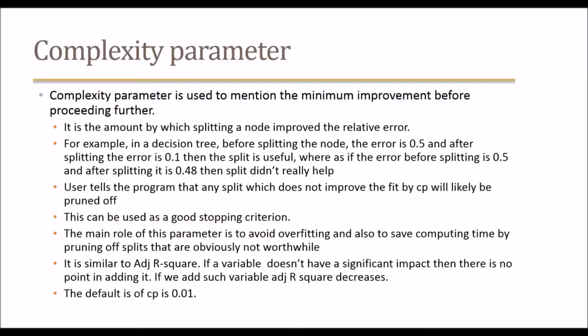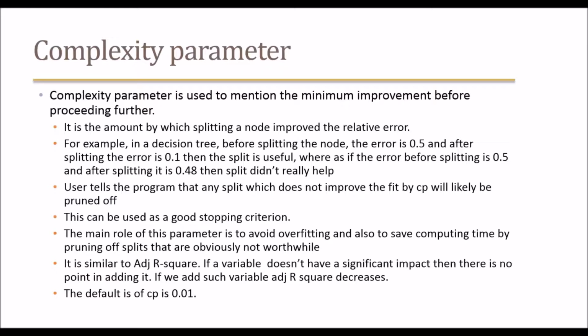So the complexity parameter is used to specify the minimum improvement before proceeding further to grow the tree. Imagine that before splitting a node, the overall error is 50%, and after splitting the node, the error reduced a lot and became 10%.